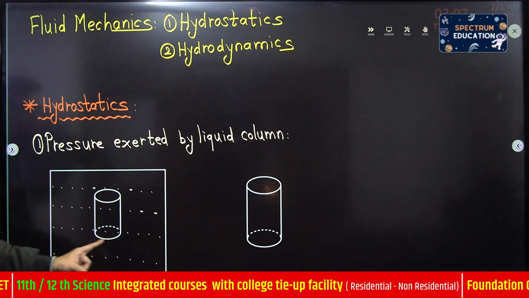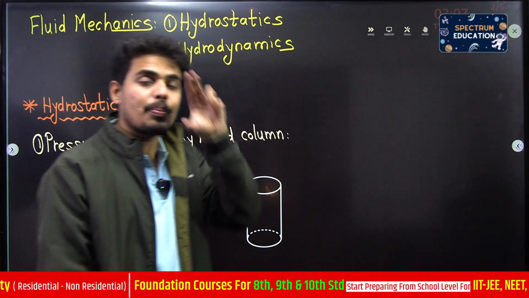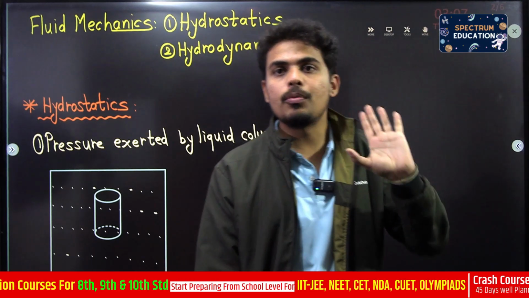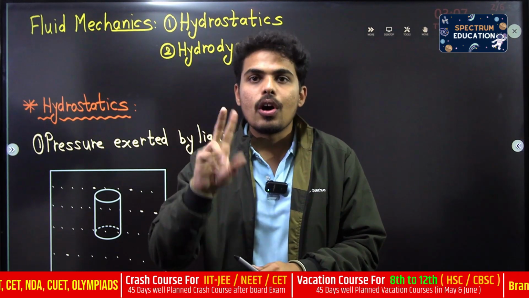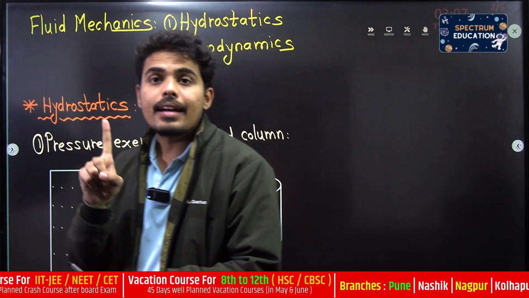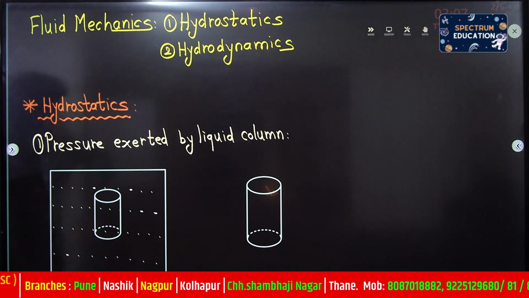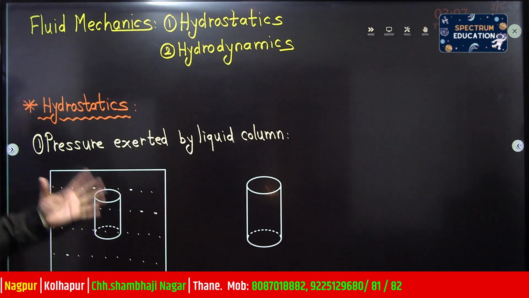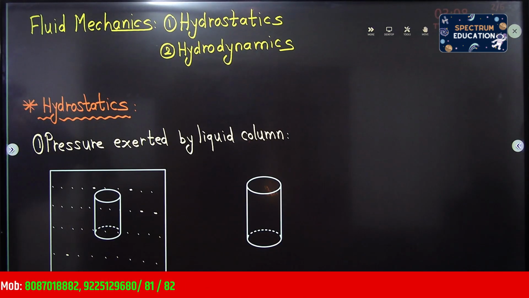This column is our imagination and we have to find the pressure due to that column only, not the entire fluid. The fluid is not moving. Consider some imaginary column in it and we have to find the pressure exerted by that liquid column.